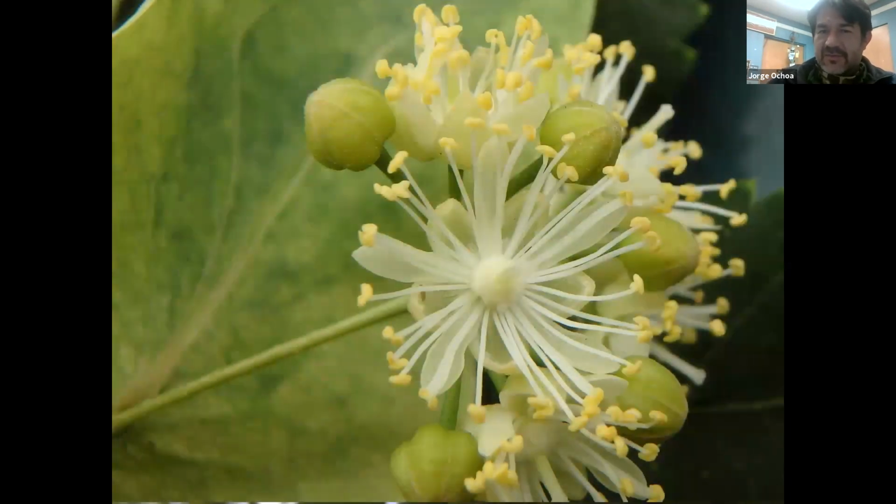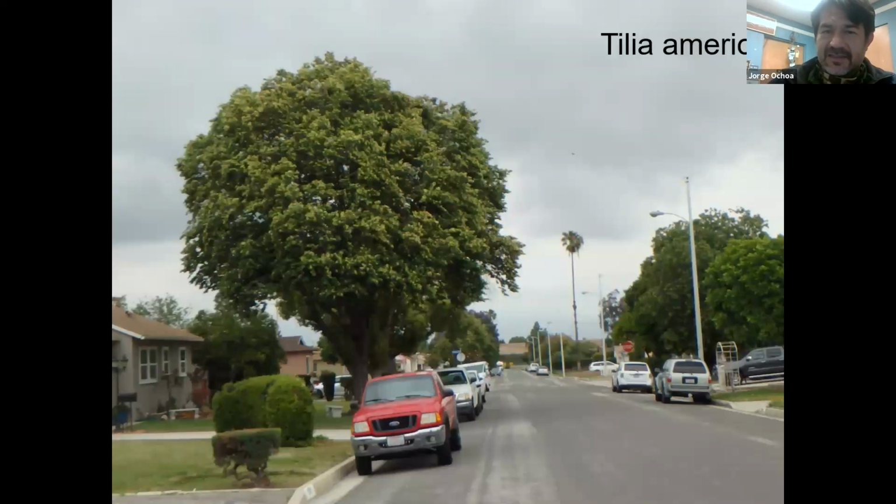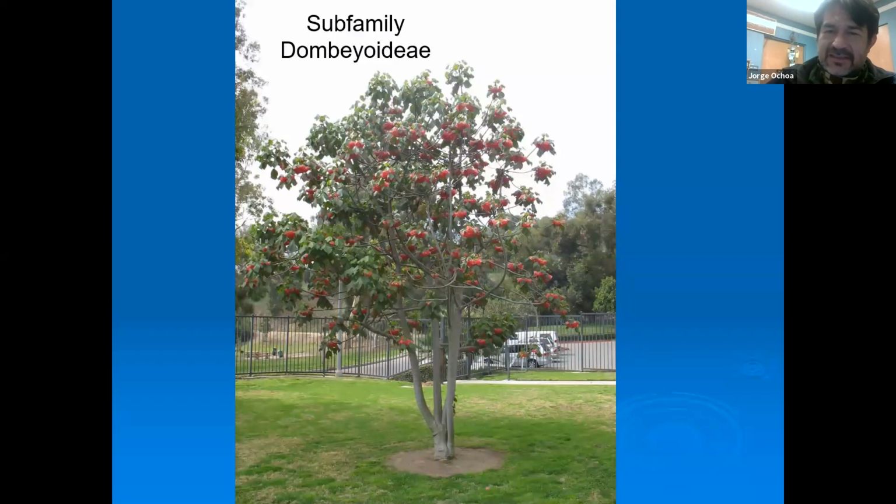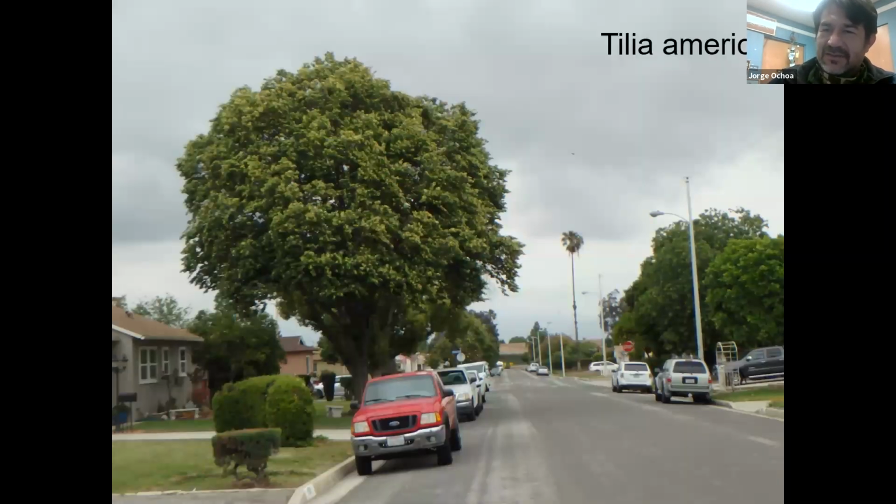And the close-up of the flowers and the buds and everything else. So here's a Tilia americana, the American linden tree. So there were about 2 trees growing in El Monte, and there was a hardleaf linden also in the vicinity.